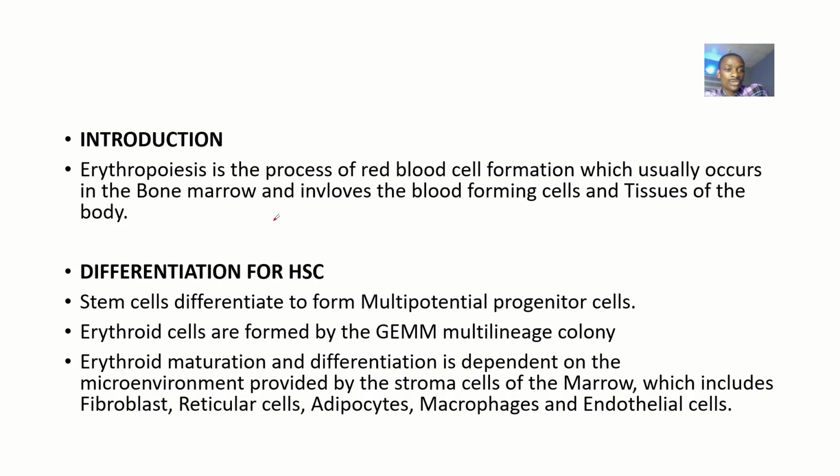From the introduction, we see that erythropoiesis is the process of red blood cell formation, which usually occurs in the bone marrow and involves the bone forming cells and tissues of the body. Now, differentiation of the hematopoietic stem cells: stem cells differentiate to form multipotential progenitor cells.